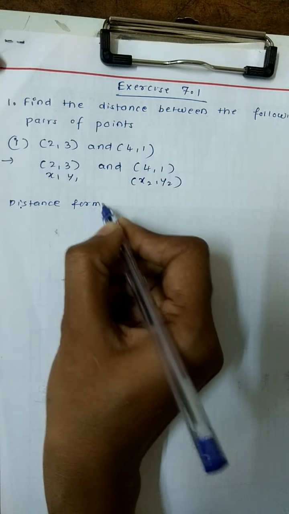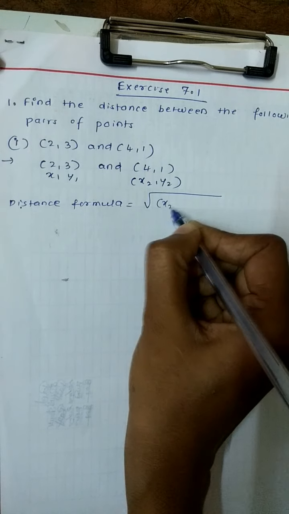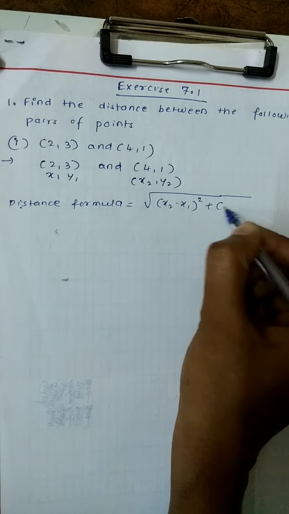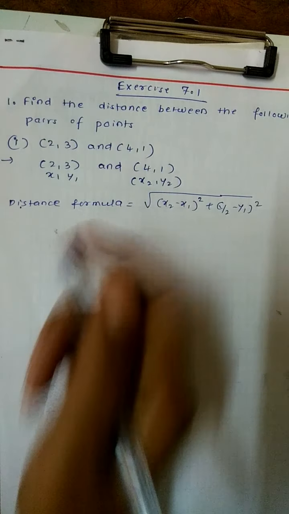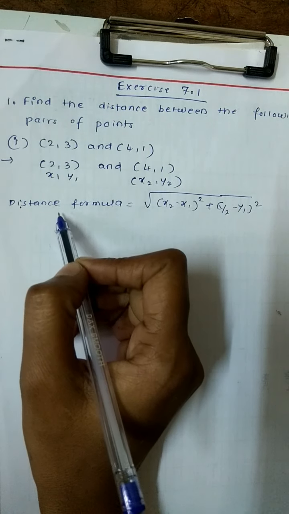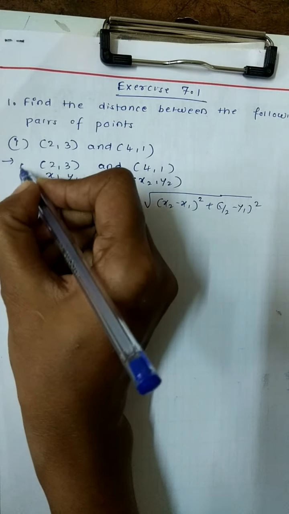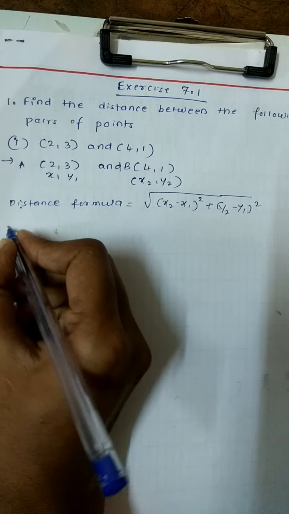The distance formula is the square root of (x2 minus x1) squared plus (y2 minus y1) squared. Instead of writing the points every time, we will name (2, 3) as A and this as the point B. So we will find the distance now.